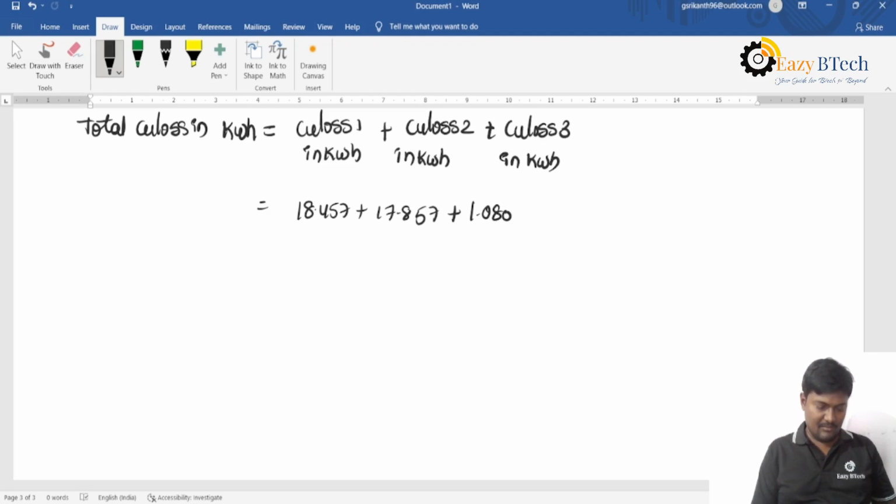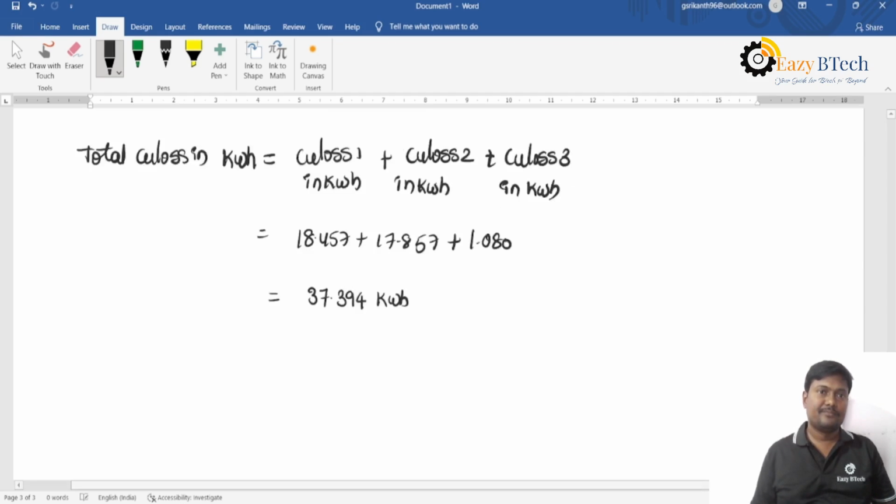Plus 18.457 plus 17.857. So total copper losses in kilowatt hour is 37.394 kilowatt hour.